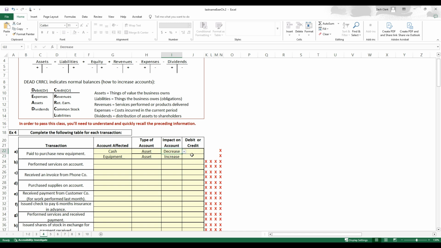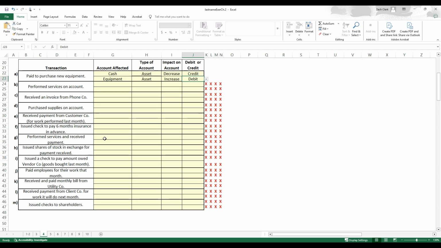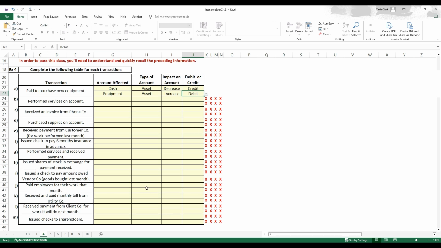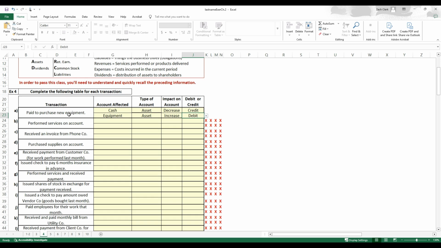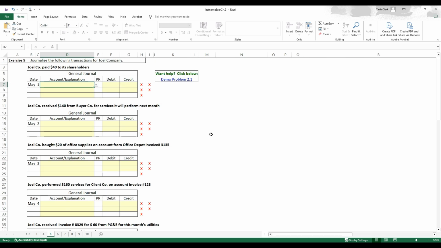And then to decrease an asset is a credit, and to increase an asset is a debit. So that's how you're going to go through and answer those questions. Again, I'm going to let you all work through these. If you have any questions on how to answer those correctly, please bring them to class, shoot me an email, so on and so forth. But I'll let you all finish that part out.